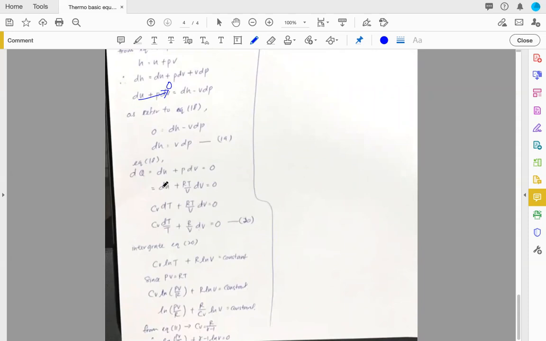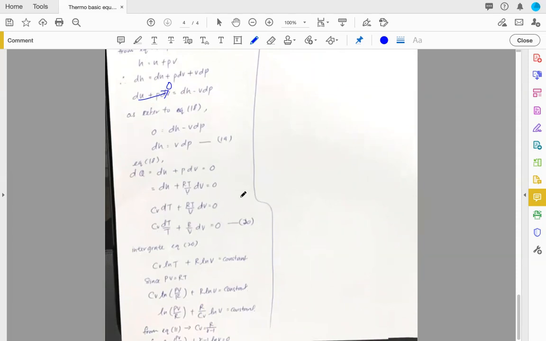And then my dU, I can change it to Cv dT. Okay? And I try to divide by T and move the T to this side. And this one looks quite okay. We can do something with it. So let's do the integration now.